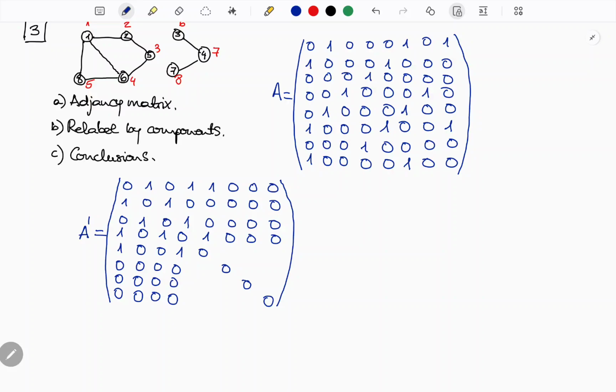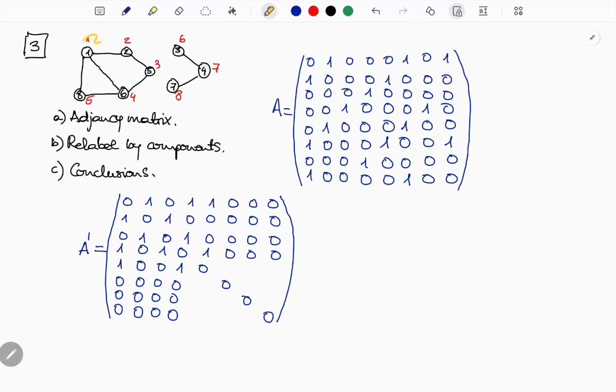Now node number 5, which is this one, is connected to nodes 1 and 4. 1 is already there and 4 is already there, and the rest are zeros: 0, 0, and 0.